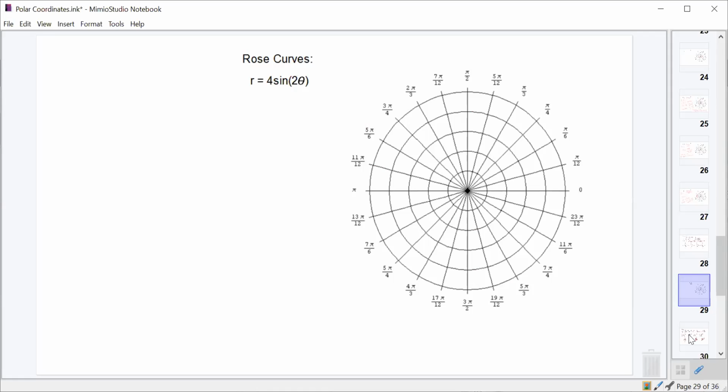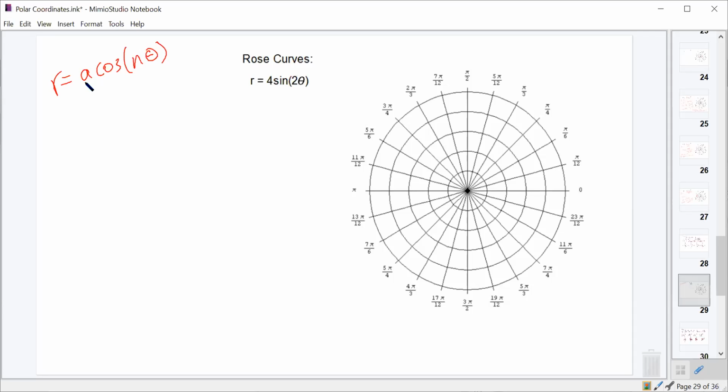Anytime you have, we'll just call this r equals a cosine n theta, so some constant and then some coefficient on the theta that is greater than 1, some integer constant that's greater than 1, it's a rose curve, and it's going to have these little petals to it. And we'll see what it looks like in just a second.